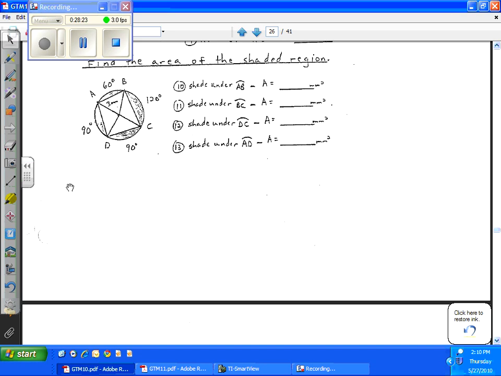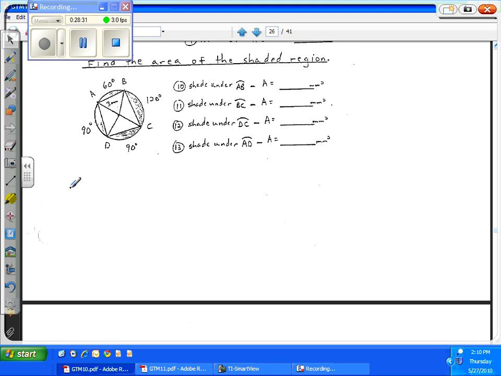Area beneath the shade. Let's find the area under shade DC. We didn't do one like that. Well, it's like it, but not with the same kind of triangle that we're going to create. Under DC. So we're going to want the area of the whole sector minus the area of the triangle.